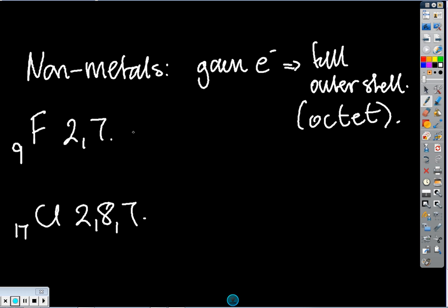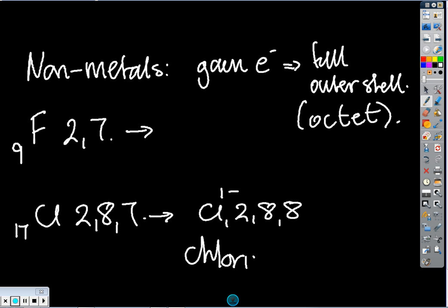So when they react, the chlorine will gain an electron, go to 2,8,8, and will become a 1 minus ion, now called a chloride ion, not a chlorine ion. Note the D. And the same will happen up here with the fluorine, which will turn to a 1 minus ion, which is a fluoride, and it will go to 2,8.